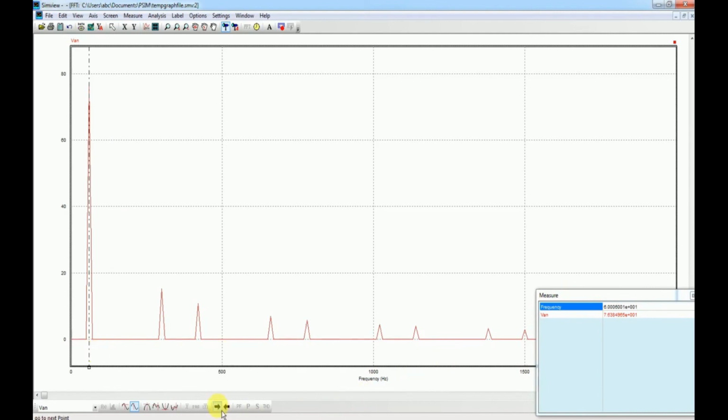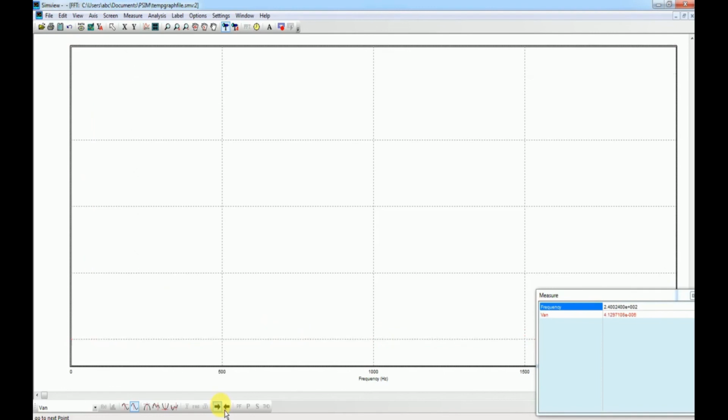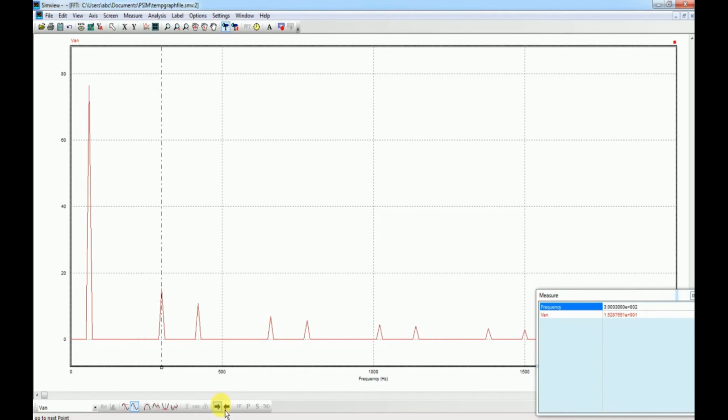Thereafter, we do not see the third harmonic here. This is 180 hertz, and there is no spike here, which indicates that the third harmonic is absent. Rather, we should see the next harmonic at the fifth multiple of the fundamental, and that is at 300 hertz.